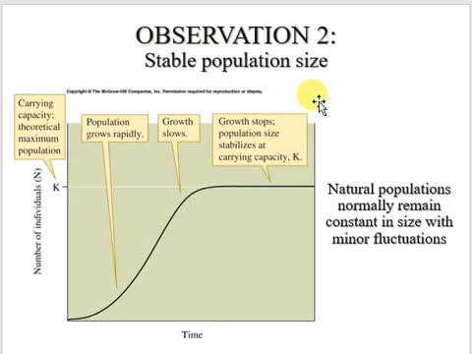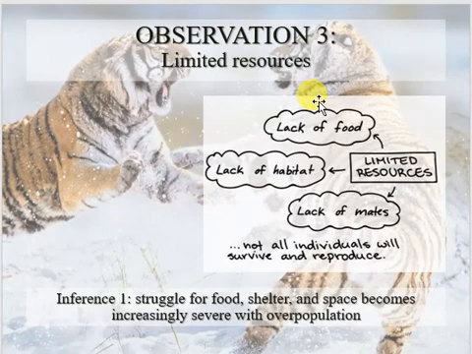One of the factors playing into a stable population size comes from the third observation, which notes that all resources are limited, right?